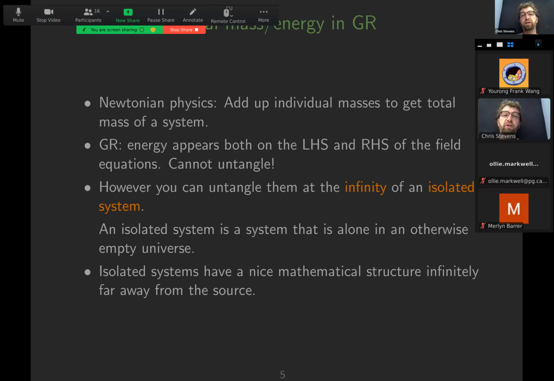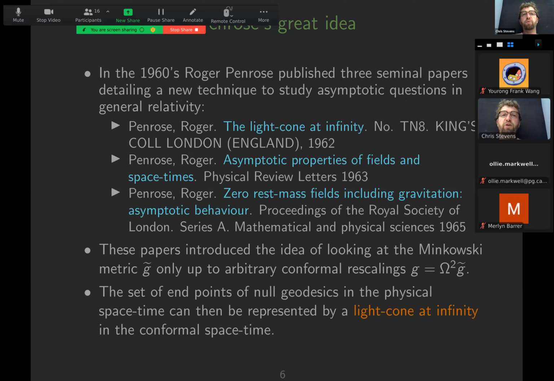And the obvious place to look is this isolated regime. So Penrose in the 60s did a lot of work on this, and published three very groundbreaking papers looking at, well, Bondi and Sachs and so on in the 60s. They were looking at expansions in 1/r, which was an assumption that is still debated as to whether it is too restrictive or not.